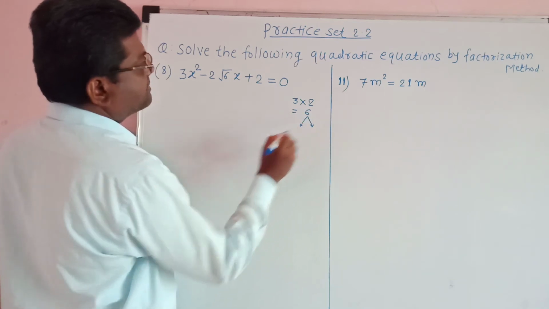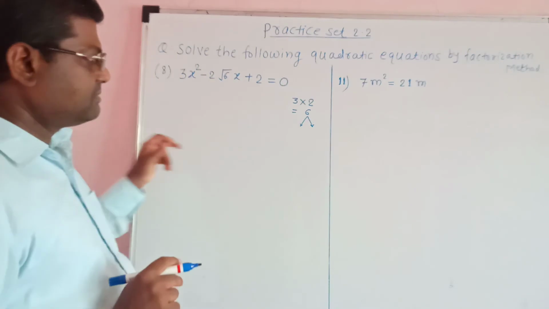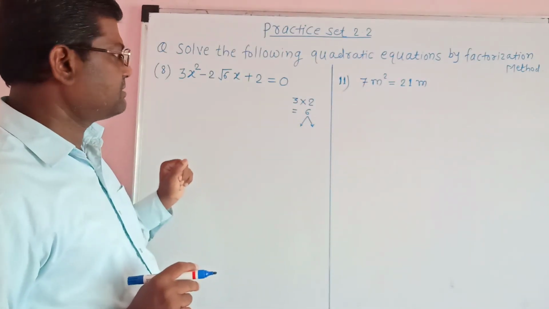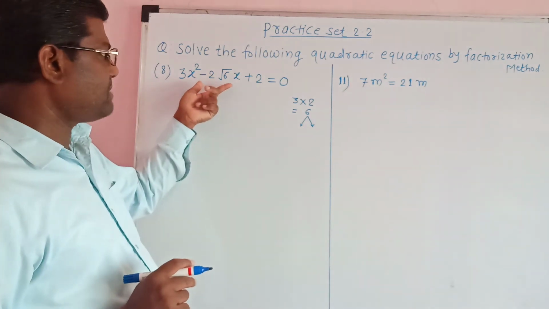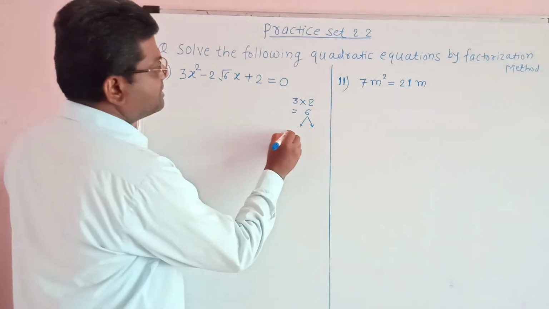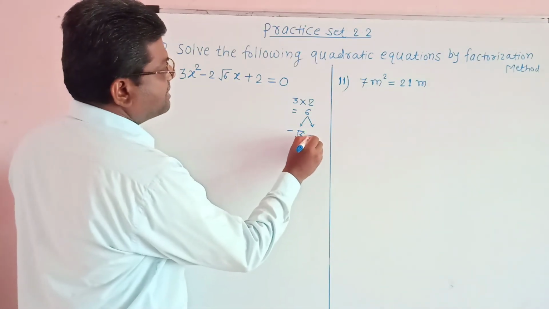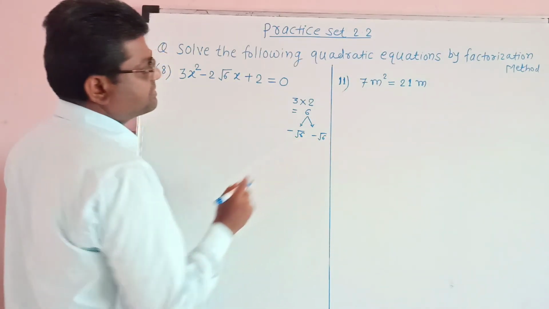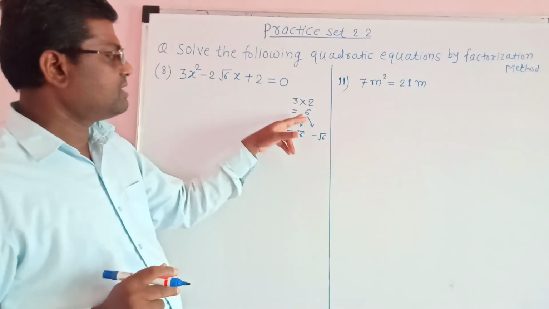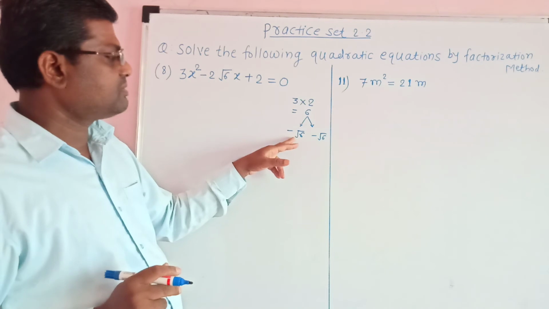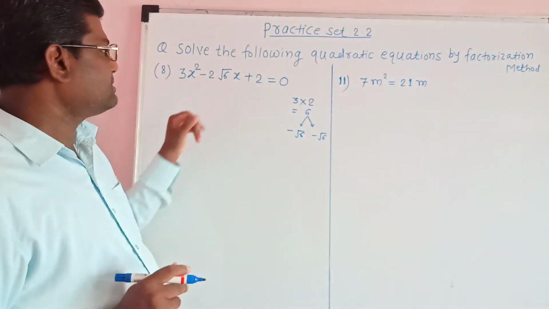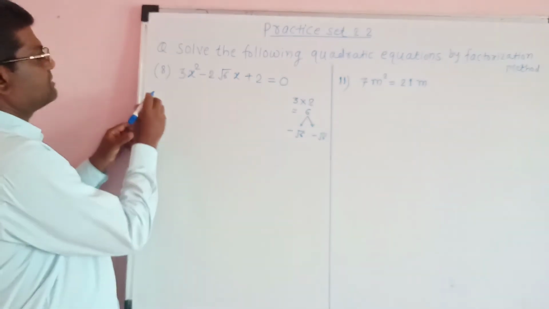Split up this 6 as the numbers whose multiplication is 6 and addition is minus 2 root 6. So the numbers will be root 6 and minus root 6. Minus root 6 into minus root 6 will be 6, and the sum will be minus 2 root 6.